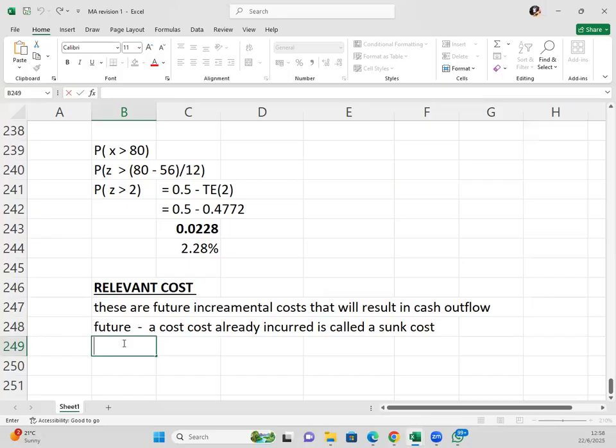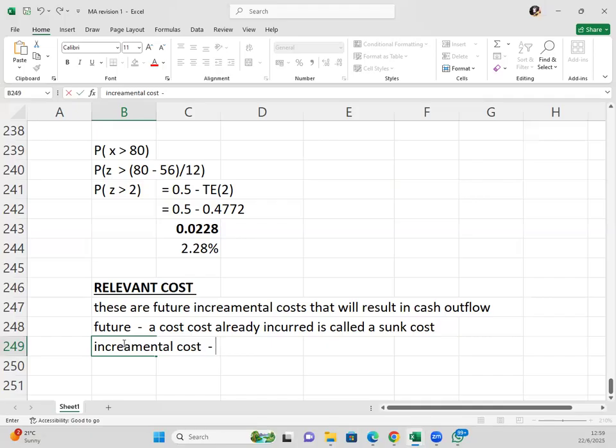Then, besides the relevant cost being a future cost, it must also be an incremental cost. So a relevant cost, we are saying this cost is going to result in our costs increasing. So if it does not change our cost, like if it's a fixed cost, it's not relevant. Because of course we'll pay rent in the future, but if we are going to pay rent whether you have made the decision or not, then that one is not a relevant cost.